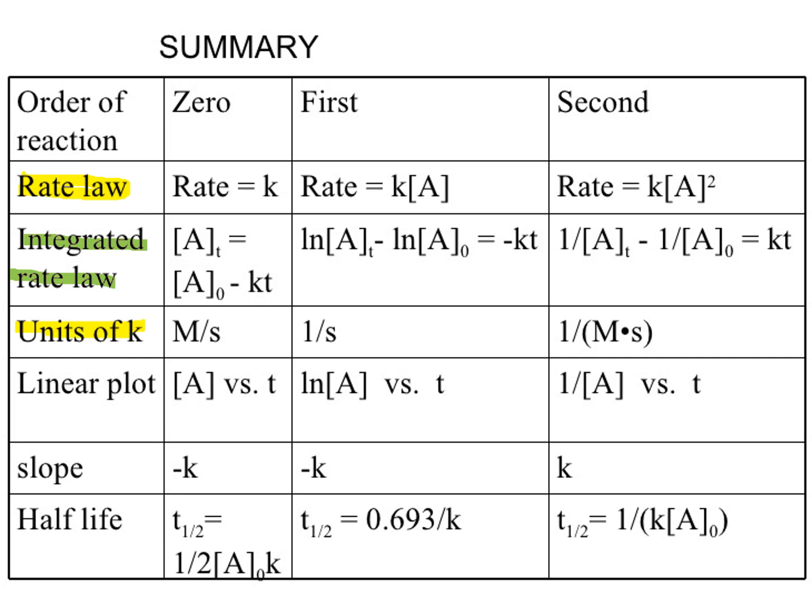Why are units relevant? Sometimes there will be problems that are a little bit trickier, where they do not tell you apparently what order the reaction is, but they do give you the value of K with the units. Because the units are different, embedded in that information is the order.